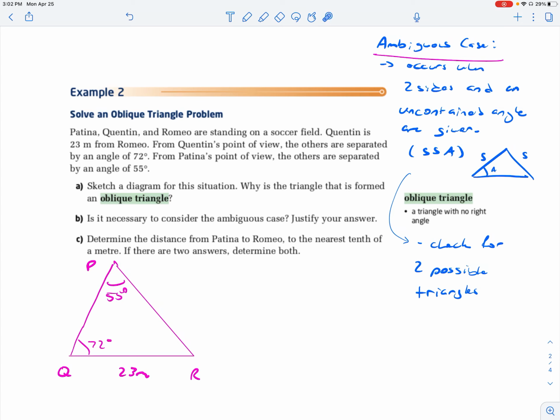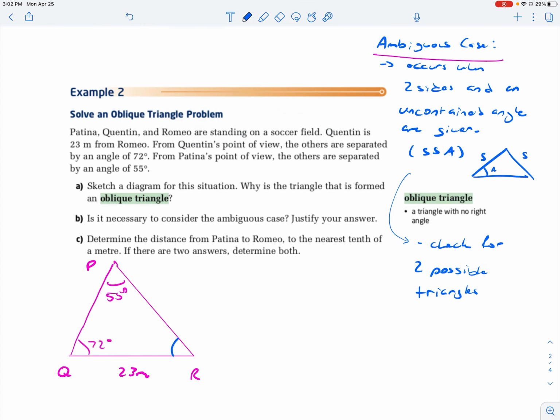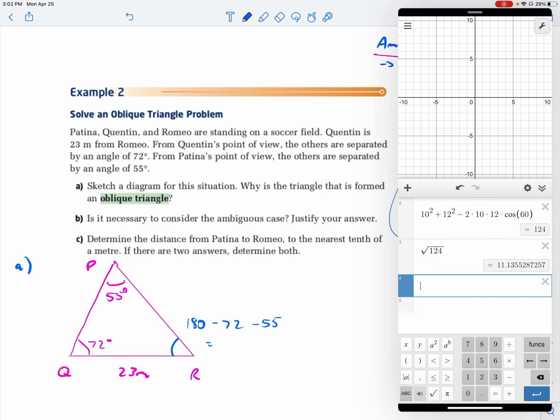Now I'd like to figure out what this missing angle is, because in part A it says to sketch a diagram of the situation, so we've already started to do that. And then it asks why the triangle that is formed is an oblique triangle. For this missing angle, I know all interior angles add up to 180. So that angle is going to be 180 minus the other two, so minus 72 minus 55. I believe that works out to 53.